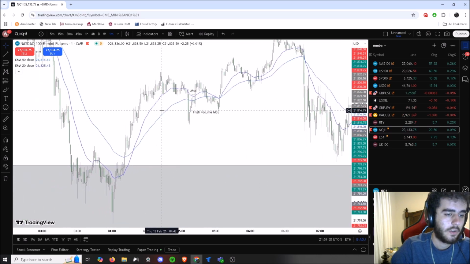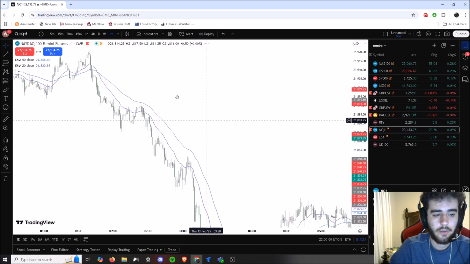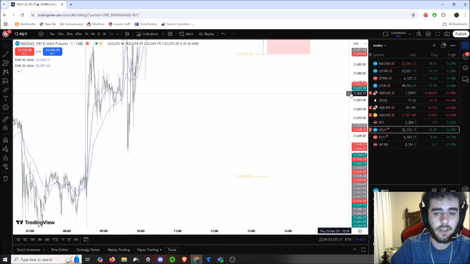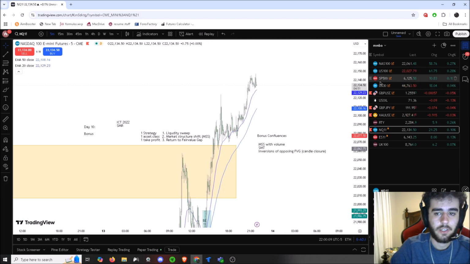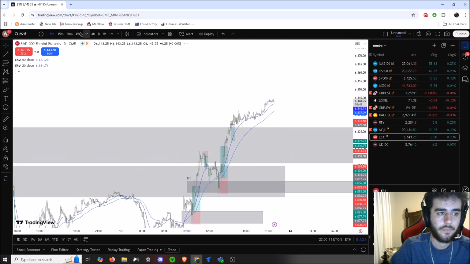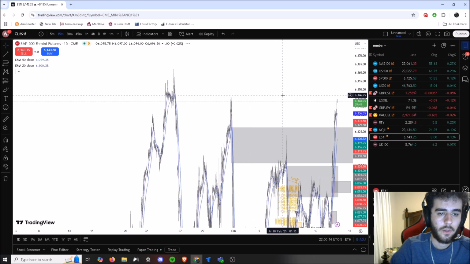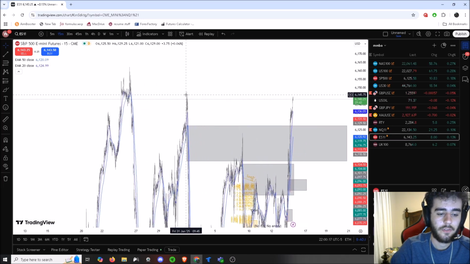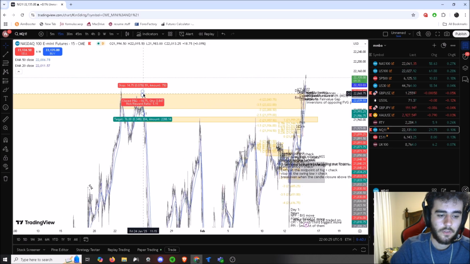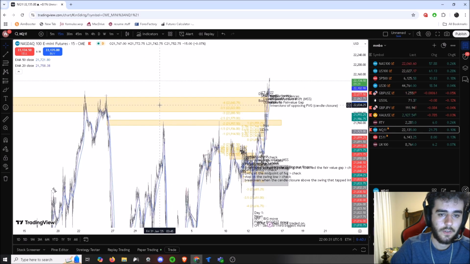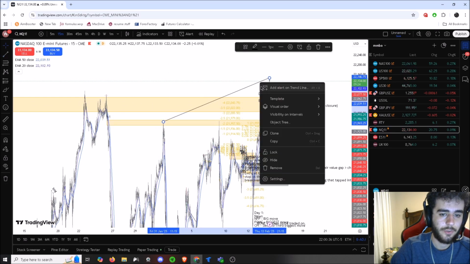Okay, and next we have SMT divergence. Let me just show you because it will be a lot easier. So on the 15-minute, we have this high right here, Friday the 31st, 2025. This high has been taken out by NQ.